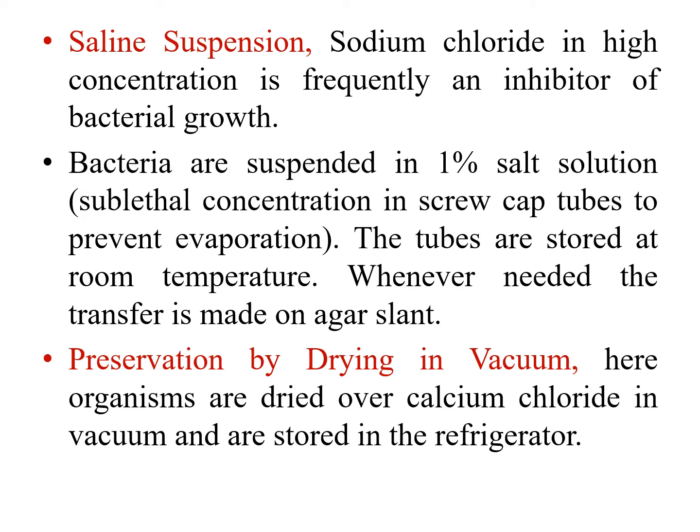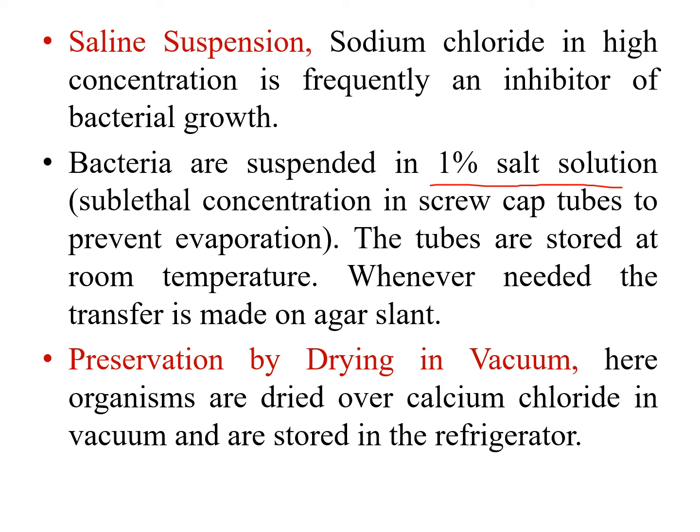In the saline suspension method, sodium chloride in high concentration is frequently used as an inhibitor of bacterial growth. Bacteria are suspended in 1% salt solution, a sublethal concentration, in screw cap tubes to prevent evaporation. The tubes are stored at room temperature and whenever needed, the transfer is made on agar slant.